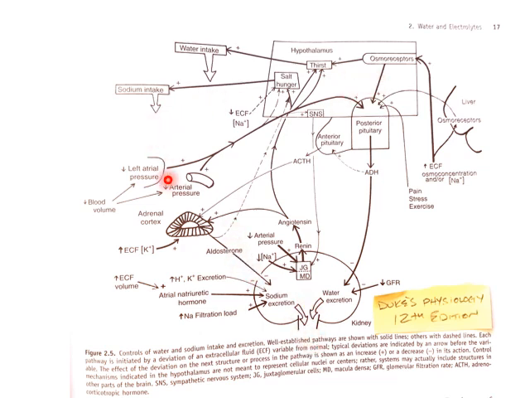So if we don't have enough sodium, salt hunger, things like that, the kidneys are told, hey, you need to conserve some sodium and save it for later. So bring it back into the kidney, put it back into the bloodstream, try to get it built up again. We'll talk about aldosterone and ACTH a little bit more when we get to the endocrine system.